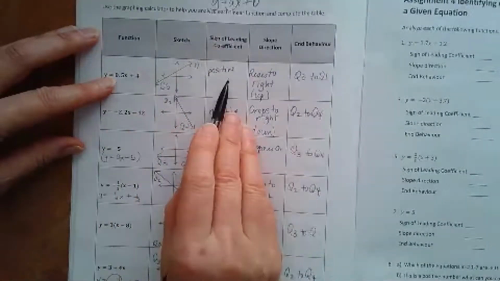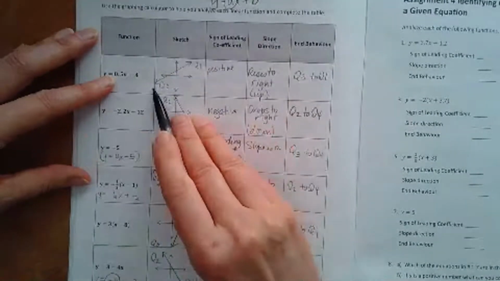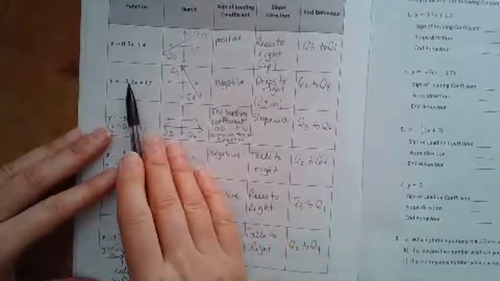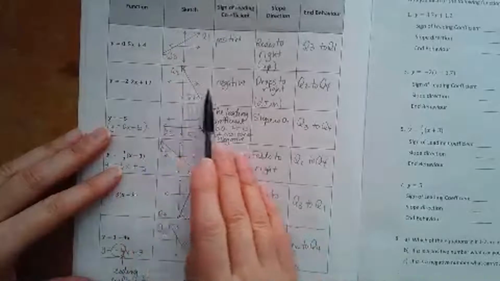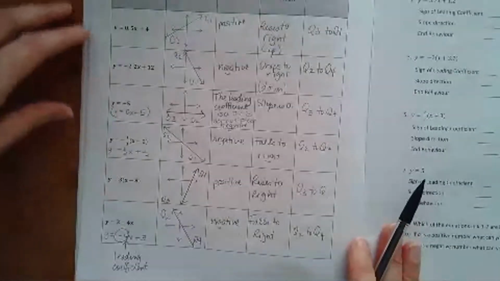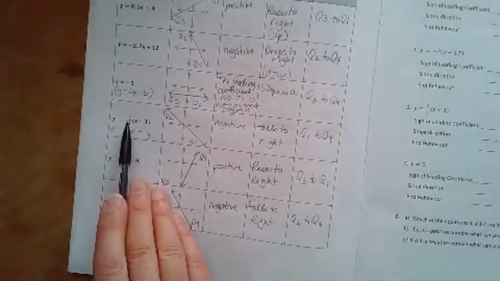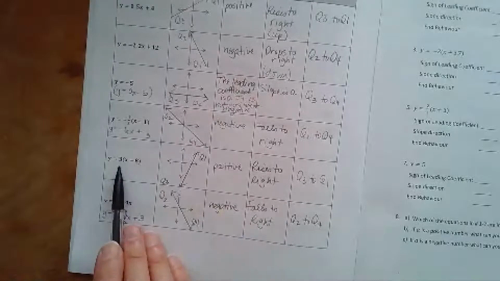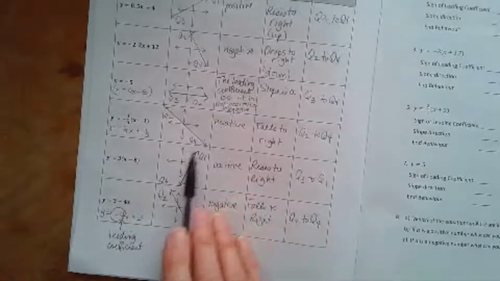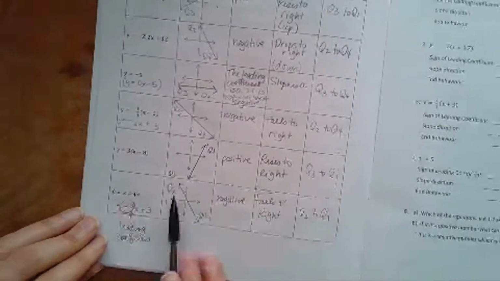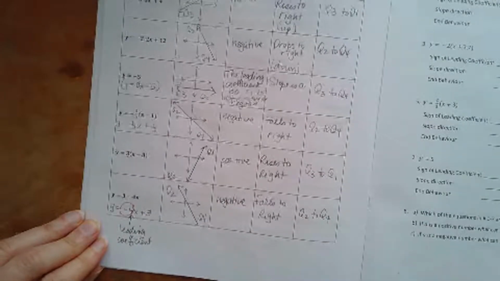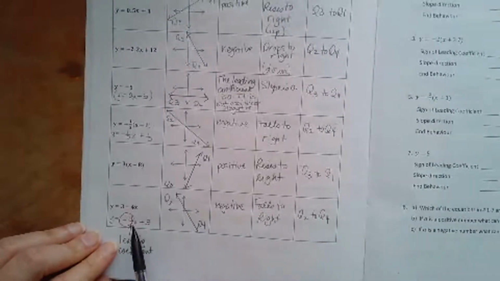So if your leading coefficient is positive, the graph rises. Leading coefficient negative, drops down. There is no leading coefficient other than 0, so 0 is just a flat line. Negative leading coefficient drops. Positive leading coefficient rises.